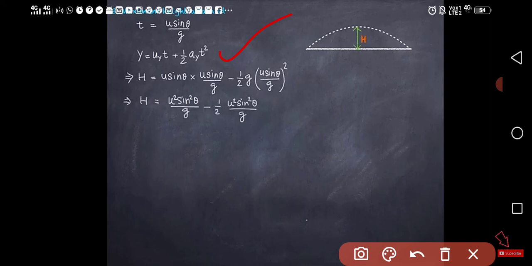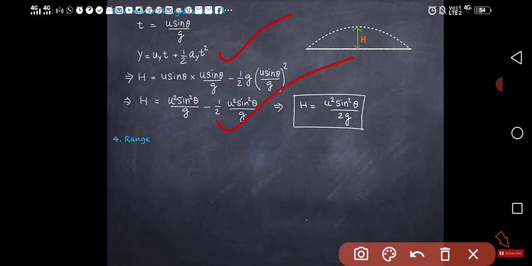Put the values and you will get u square sin square theta upon g minus half u square sin square theta upon g. Take the common, u square sin square theta upon 2g would be your answer. So dear students, this is the maximum height, means the maximum vertical distance up to which an object can reach.